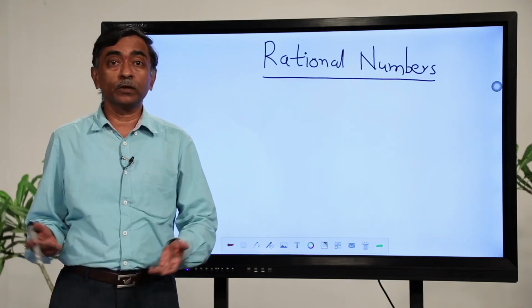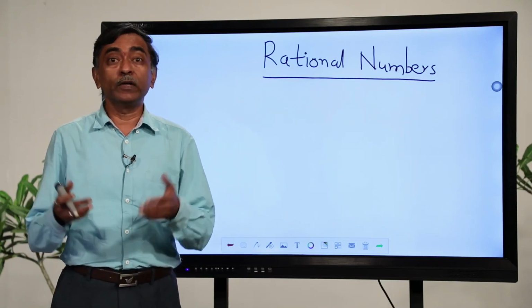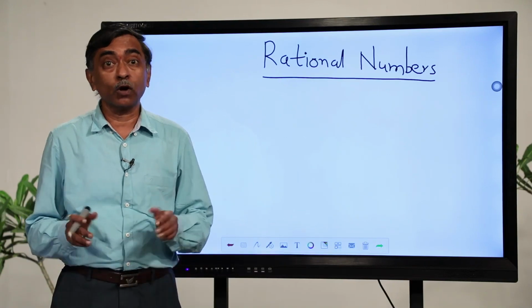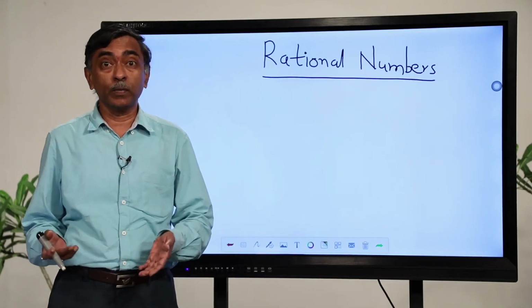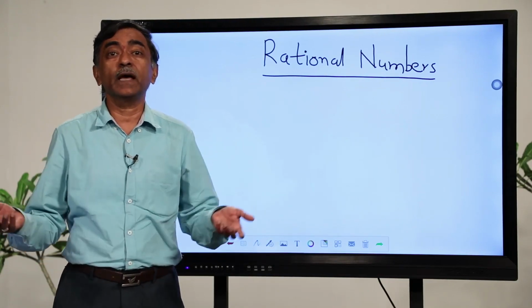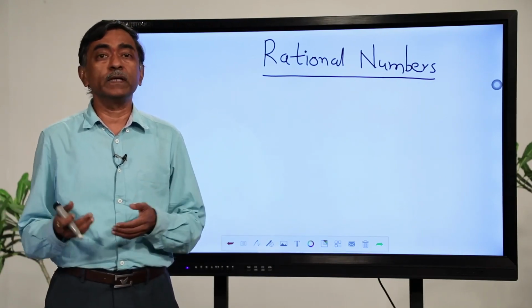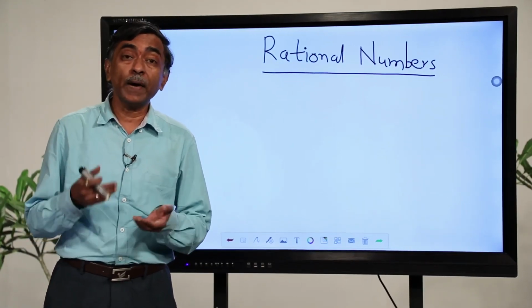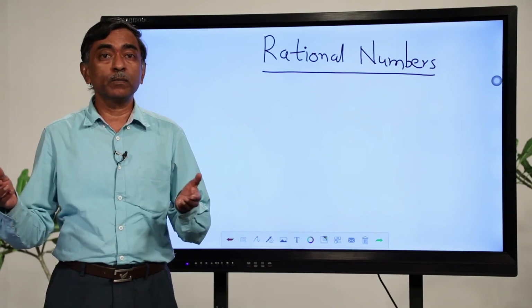What kind of properties do they satisfy, how do they behave when you divide two integers, or add two whole numbers, or subtract two natural numbers? We establish that as a property, and we want to see whether these properties hold for rational numbers or not.